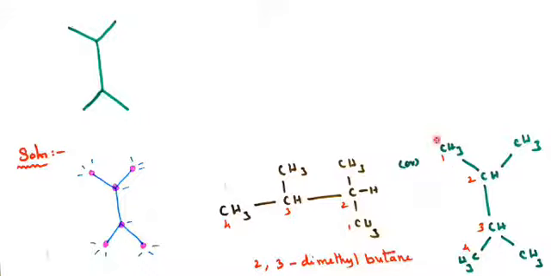So numbering 1, 2, 3, 4, or from the other side, it is symmetric. Here second carbon methyl and third carbon methyl, so 2,3-dimethyl. Totally 4 carbons in an open chain, so we call it butane: 2,3-dimethylbutane.